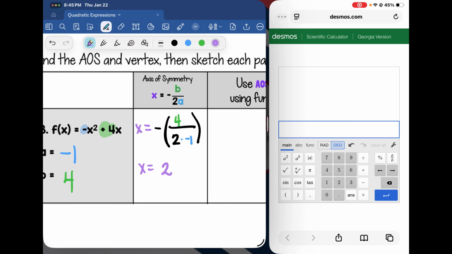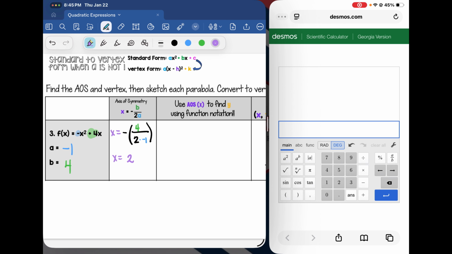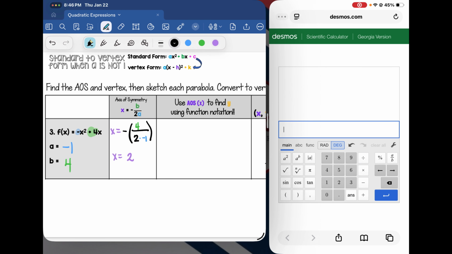So we're going to use that axis of symmetry to find our y value so we can actually find our vertex. So my function is f of x is equal to -x squared plus 4x. And I know that x is equal to +2, so I can input it into my function everywhere I see an x. So all of the black stuff is going to stay the same.